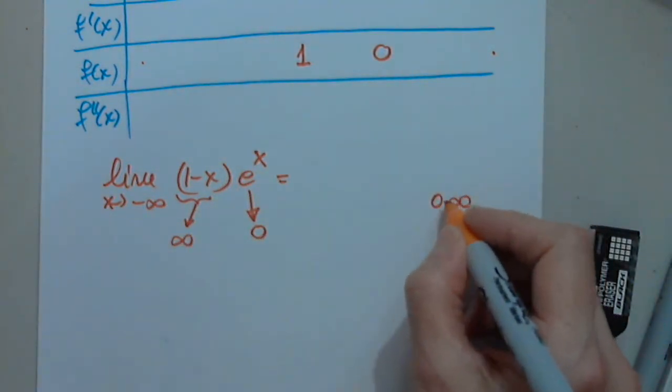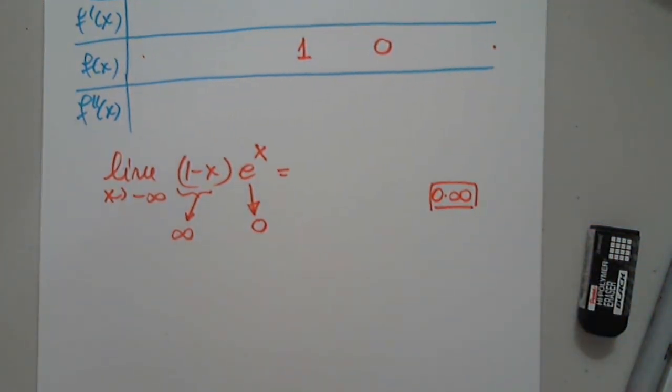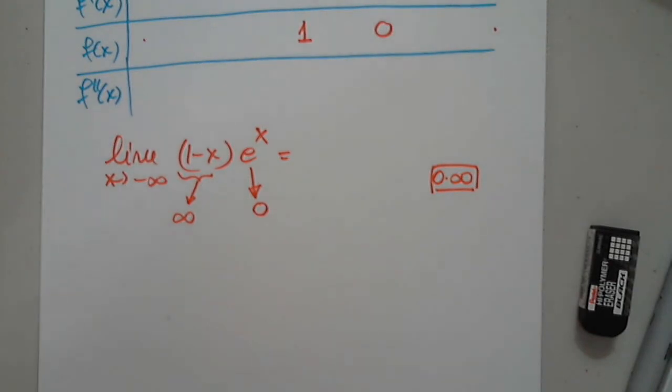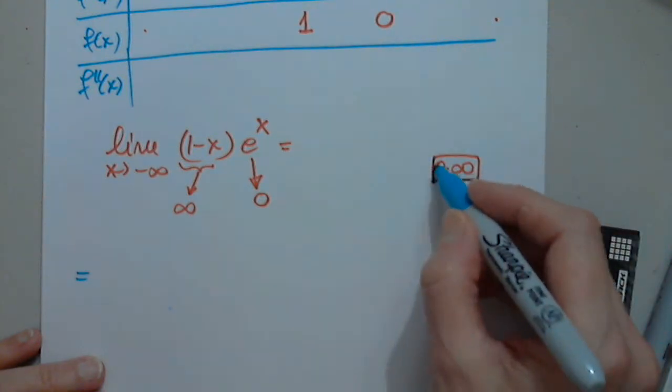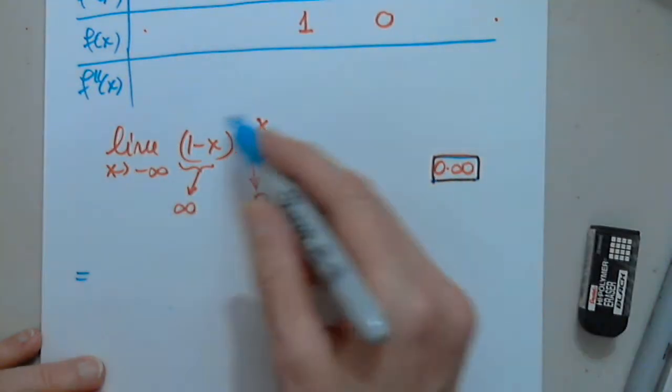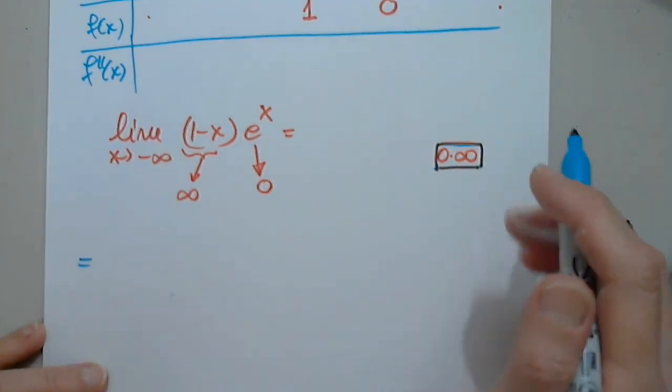So what is the situation we are encountering here? It's 0 times infinity, which is an indeterminate case. So we have to determine this. Good. So let's see how we get that. Remember what we said about a product? Normally, a simple algebraic change of the function will do the trick. Okay.